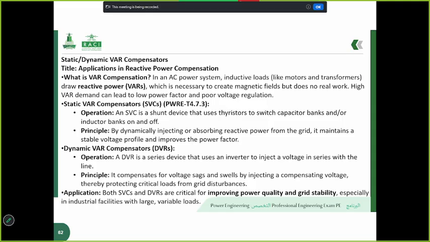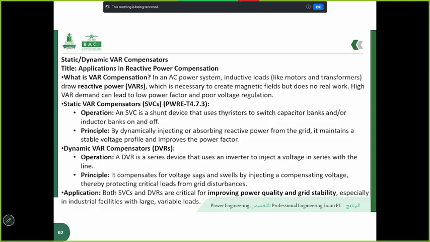However, a high demand for reactive power can lead to a low power factor and poor voltage regulation, negatively impacting the efficiency and stability of the grid. Power electronics provide highly effective solutions to this problem by enabling the rapid and precise injection or absorption of reactive power.